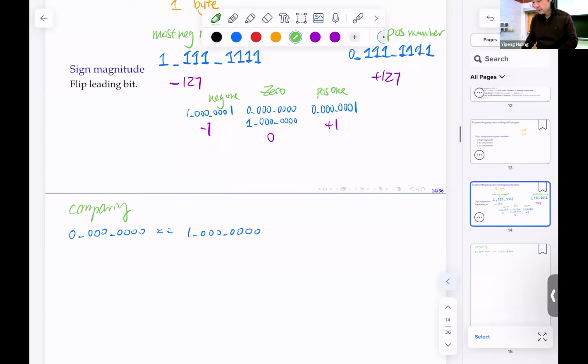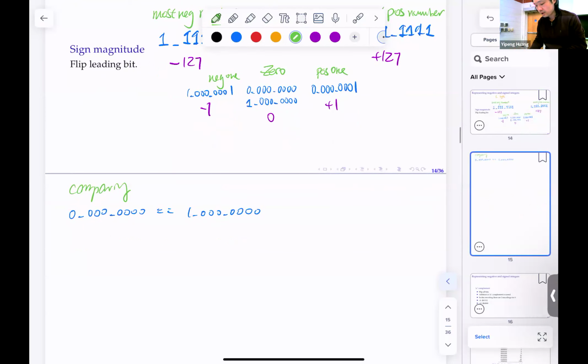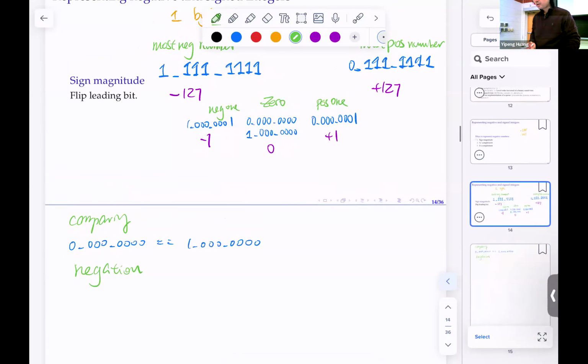The next fundamental operation that we need to think about is negation. So does negation make sense here? I've got positive 127, and I'd like to negate it. What's the operation to negate it? Just flip the first bit.